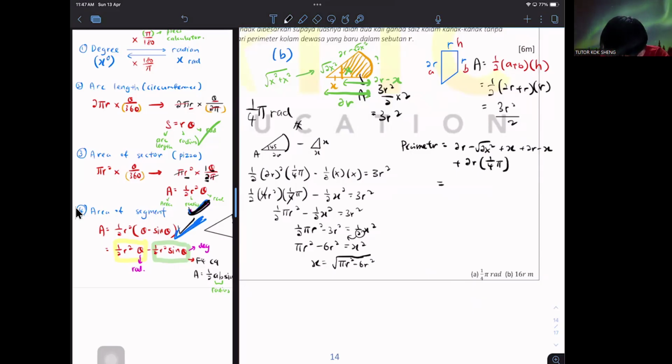So what else is left? Plus x minus x gone. 2r and 2r can add. So you get all these things here left. 2, 4 cut, 1 over 2.